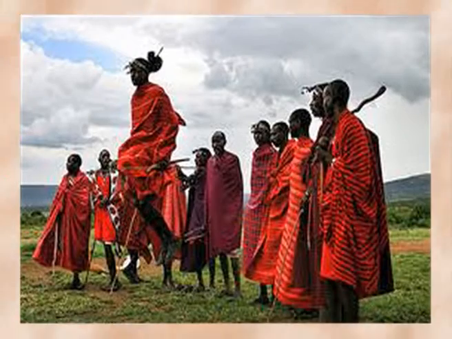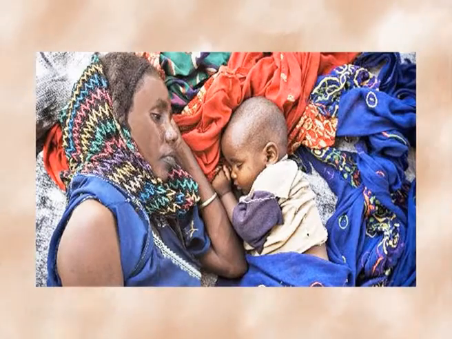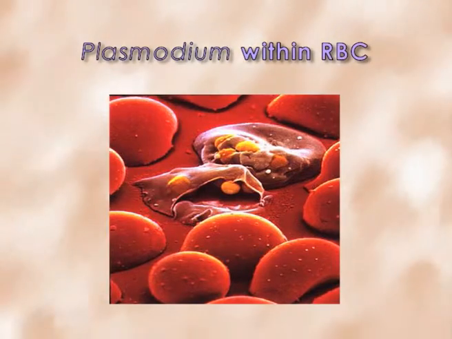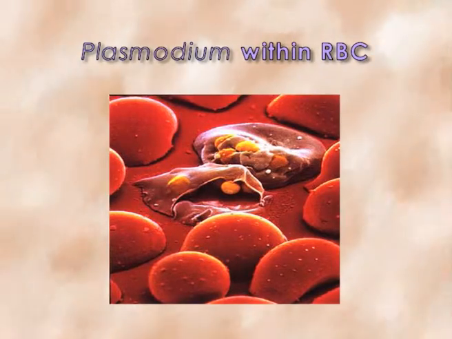Now, in the sub-Saharan African population, the people having this sickle cell trait, that is carriers in the heterozygous condition, have some advantages due to the sickle cell trait. What is that? Because of the sickle shape of the RBC, the plasmodium, the malaria causing organism, is unable to attack that particular RBC.